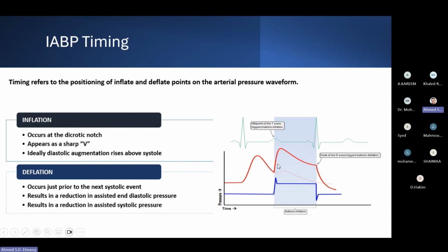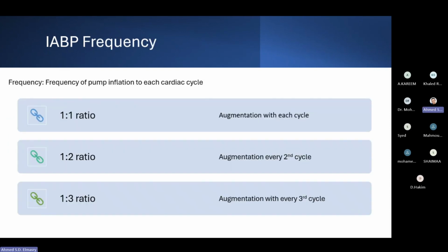Changes in the timing of the inflation point and deflation point will affect the performance of the intra-aortic balloon, and might be harmful to the patient. The frequency of the intra-aortic balloon when you start it should be a 1-to-1 ratio, so each cardiac cycle is assisted by the intra-aortic balloon. You can choose the ratio 1-to-2, so every second cardiac cycle is assisted.